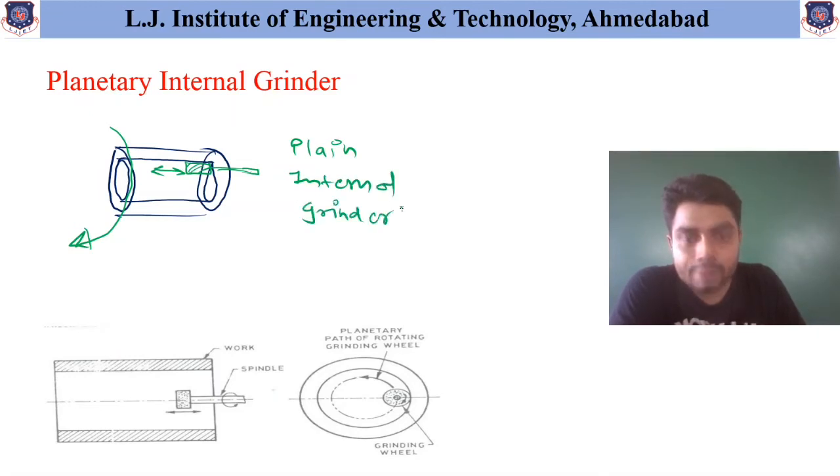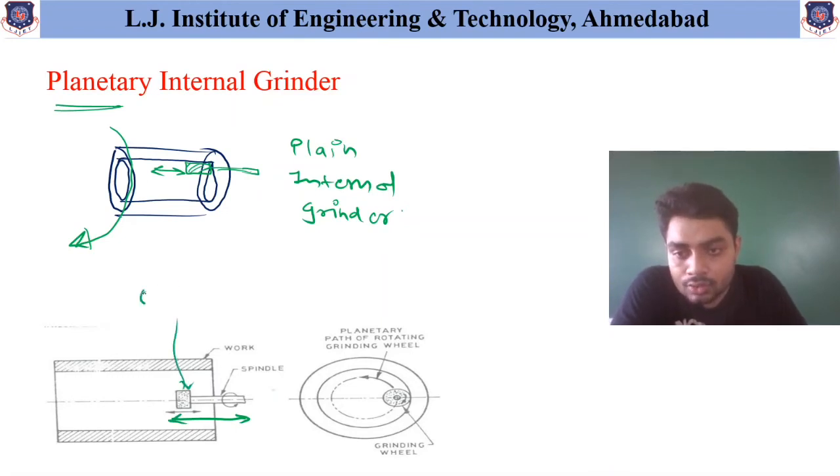Internal grinder. But in the case of this planetary internal grinder, as you can see, two movements are required. First one is the longitudinal movement of the grinding wheel shown over here.